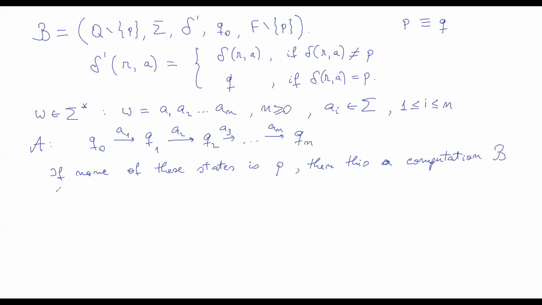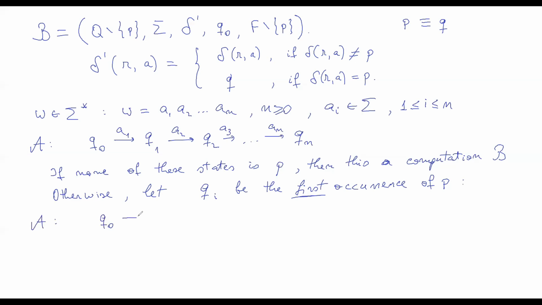Now, if some of them are P, so in the other case, let Qi be the first occurrence of P. So first occurrence meaning that i is the smallest index such that Qi equals P. So what the computation of A does is I have Q0 and A1 goes to Q1 and so on until I get to Qi, which happens to be P. And then I continue, A(i+1) goes to Q(i+1), and all the other ones.